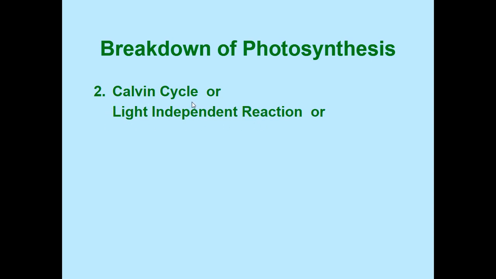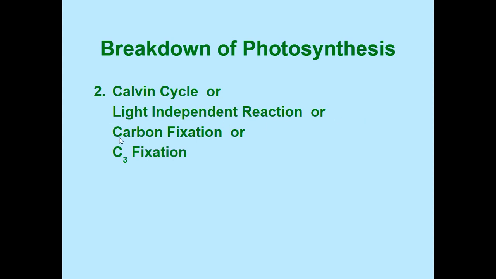So the Calvin cycle, or the light-independent reaction, you can call it either or, happens after the light-dependent reaction. Okay, there's also a third name for this, which is called carbon fixation, or also C3 fixation.